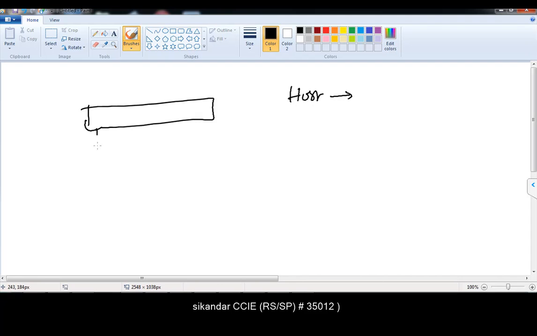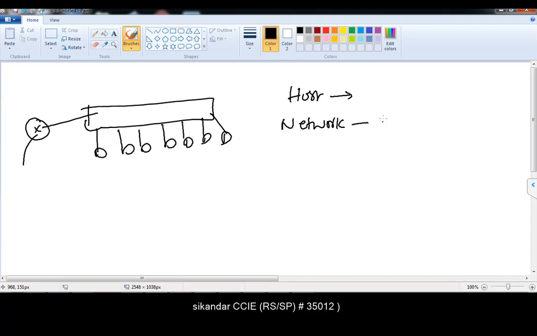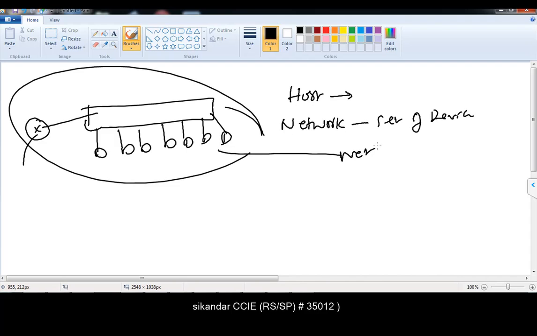If you talk about a LAN here, in my LAN I can have 10 devices, and each and every device represents one host. It can be a computer, a router, a firewall, any single device we can call a host. Whereas network is a set of devices, or grouping them all together we call a network.